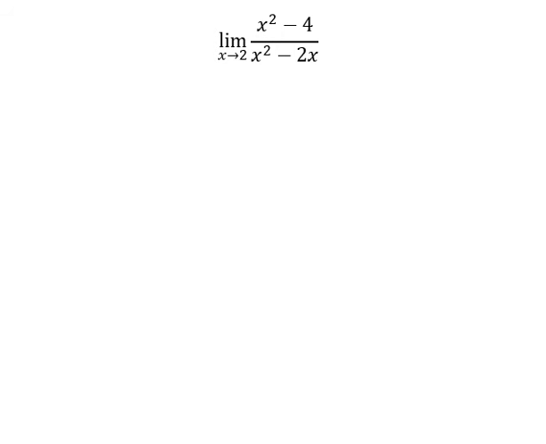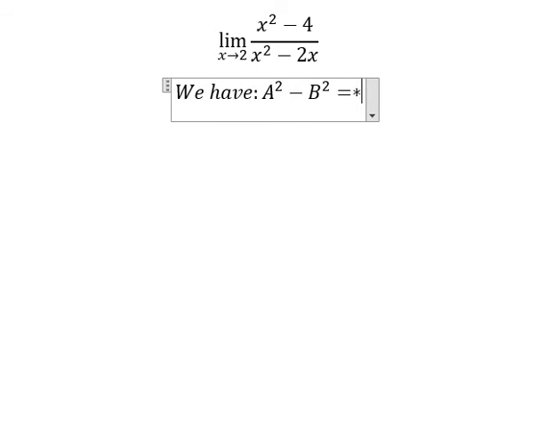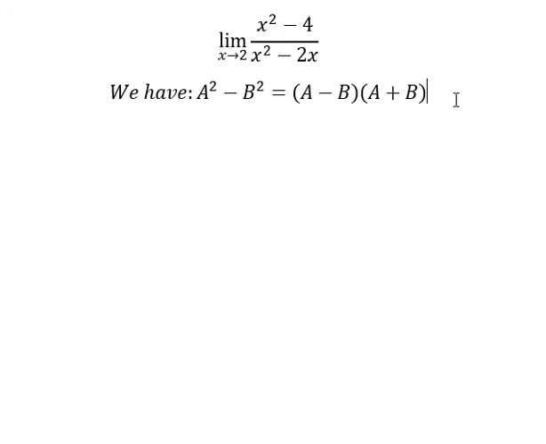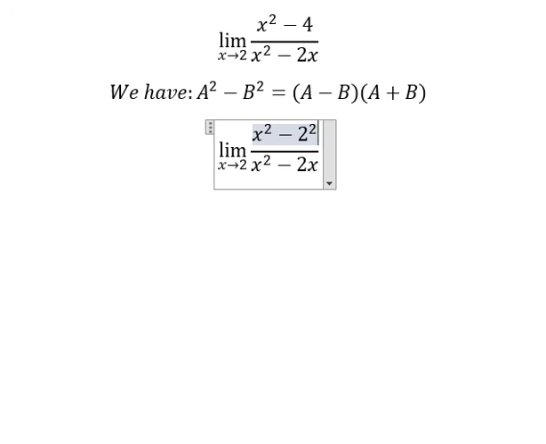We have the formula in here: a squared minus b squared equals a minus b multiplied by a plus b. So number 4, that's about 2 squared in here.